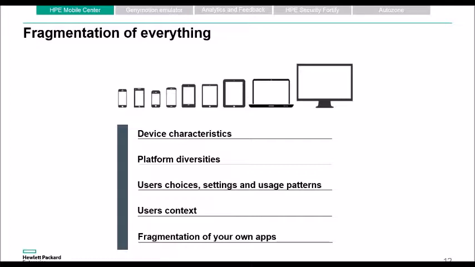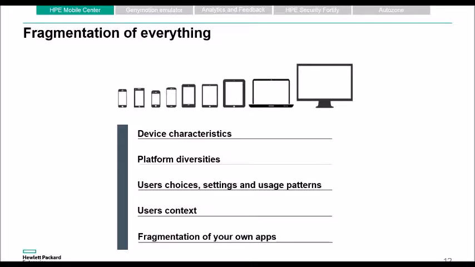But the biggest, ugly, hairy monster in the room here is fragmentation. But fragmentation, if we think about it, does not come just in terms of device characteristics or number of OS platforms and the differences between Windows, BlackBerry, Android, and iOS. It's also all about how users are interacting with the applications, the user settings, the number of applications they have on the device, the different preferences, how the device is configured, whether it's notifications or not.